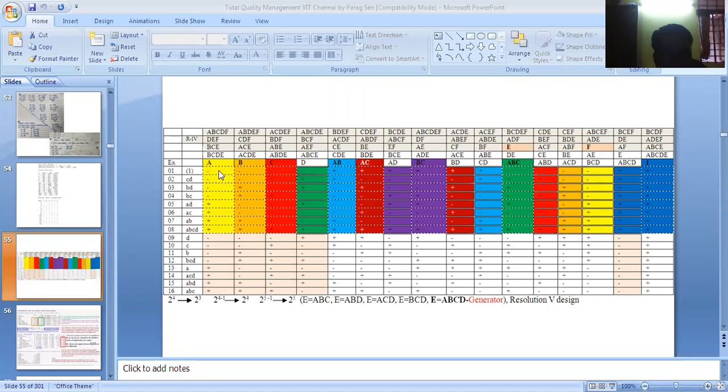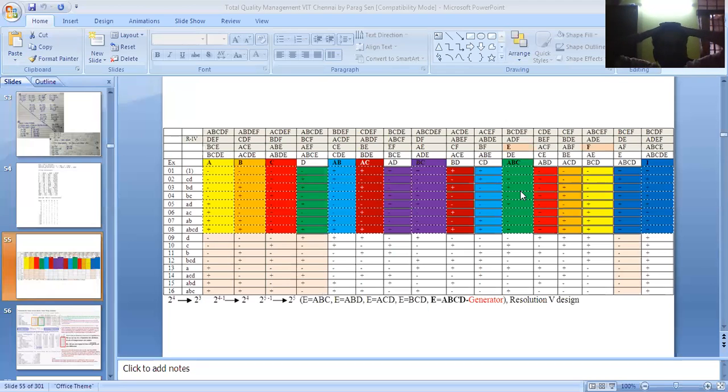But if you also consider this, then two factors will not change simultaneously. For example, minus minus minus minus, then minus minus minus plus, one factor is getting changed. So that is not applicable here. Here you are changing two factors simultaneously. So if you do this, you can see that these columns will match with these columns, and D will match with ABC.